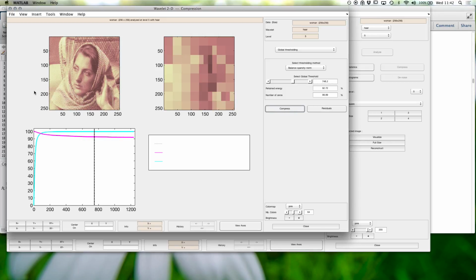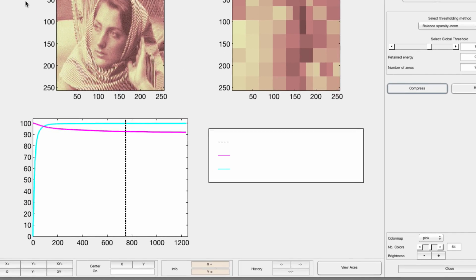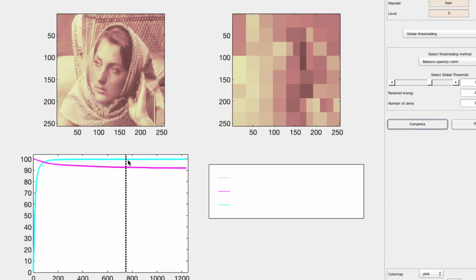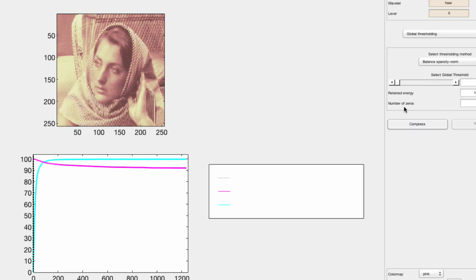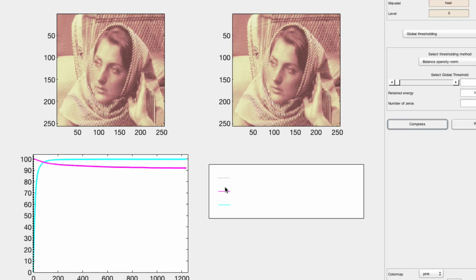At least here we see when we are... so here I'm thresholding the wavelet coefficients according to size. So here's a slider we can compress. Now I'm not compressing at all.